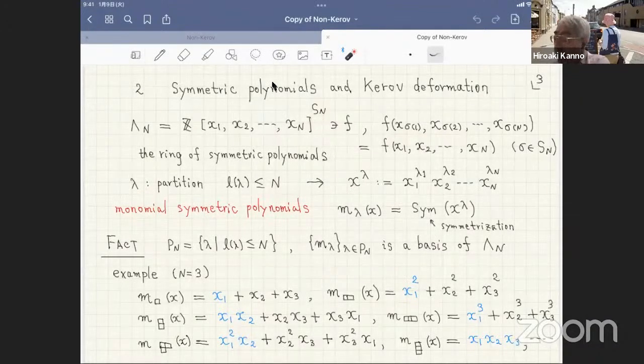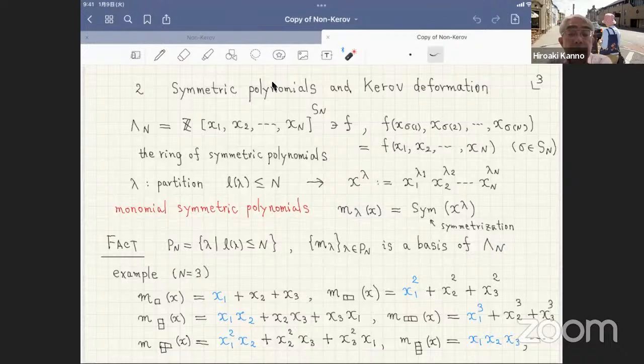Then we denote x^lambda, where the power of the variable x_i is the integer lambda_i. The monomial symmetric polynomial m_lambda is the symmetrization of this x^lambda, or the orbit sum under the symmetric group S_n.